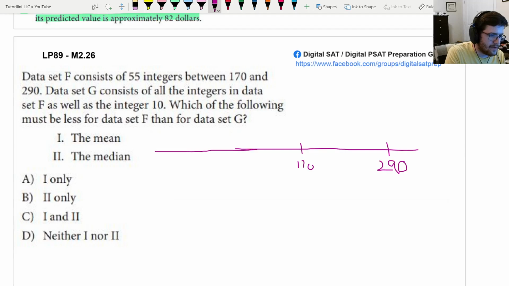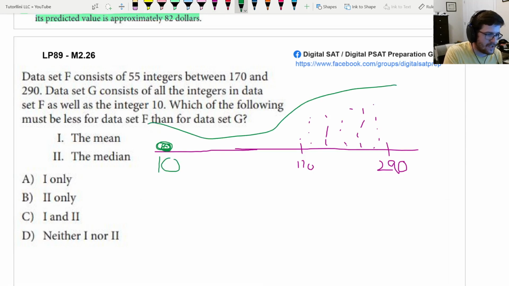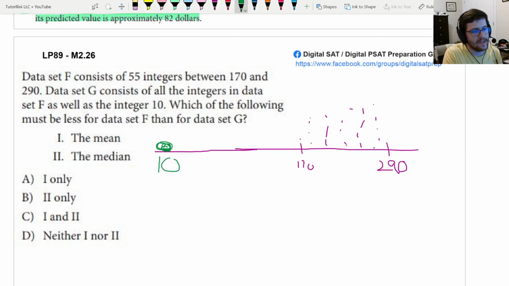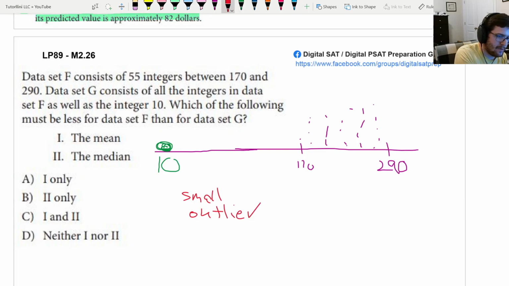And then way, way over here, we're going to put in a 10, and that's going to be our new data set, all of this with this 10. So this is called an outlier. In particular, it is a small outlier. A big outlier would be way over here on the other side.